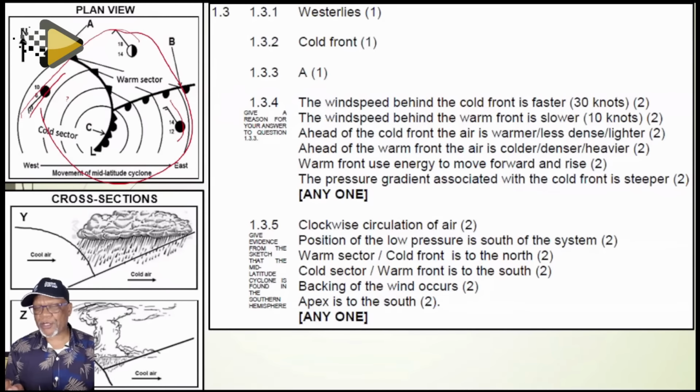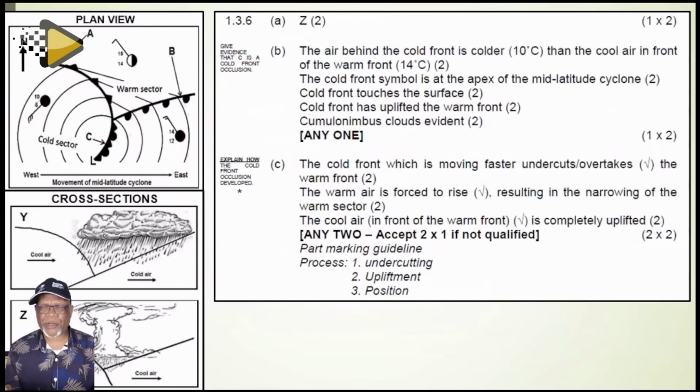The position of the low pressure is south of the system. The warm sector is in the north. And backing of the wind occurs. The backing is this change of wind direction. And the apex is to the south. So you can see the apex being at the south. The apex would have been in the north if it was in the northern hemisphere.